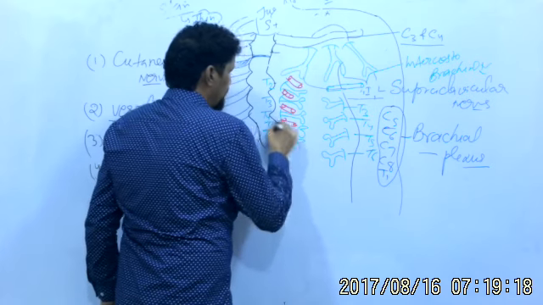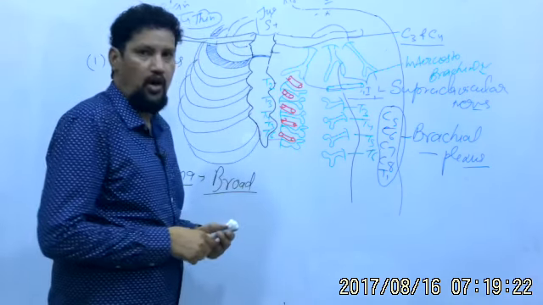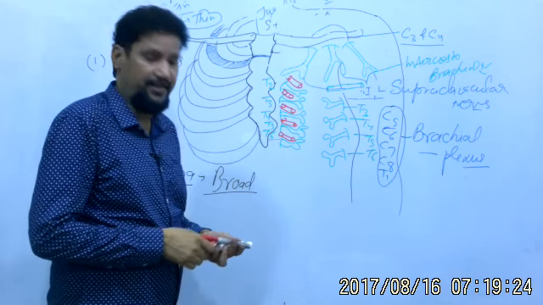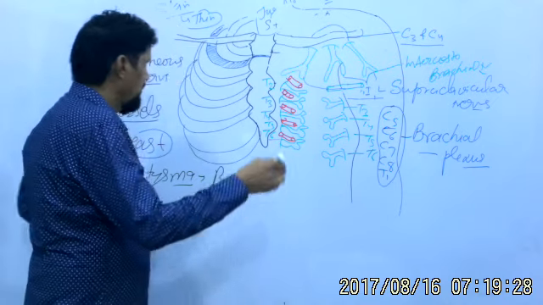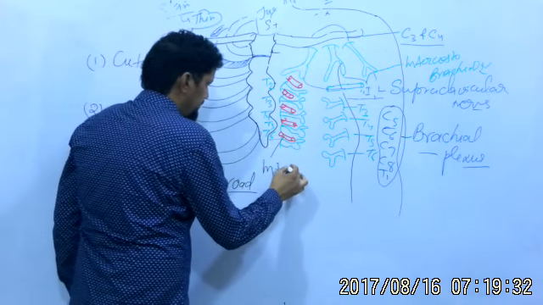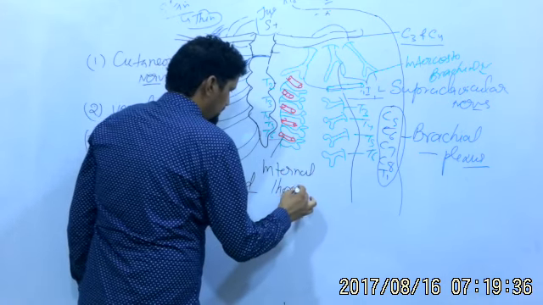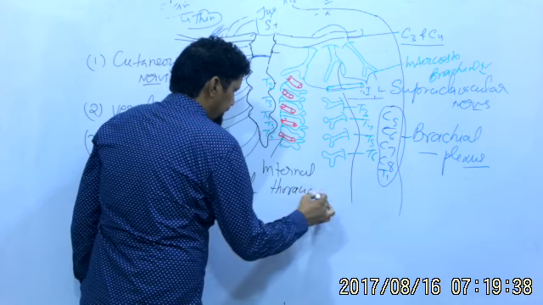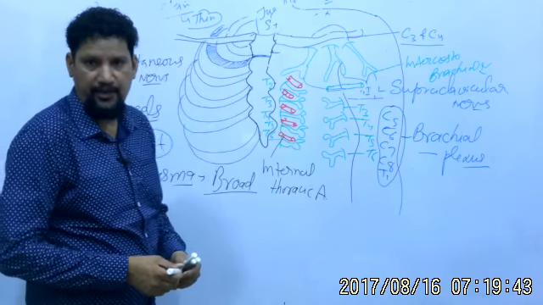These are branches of the internal thoracic or internal mammary artery, which is a branch of the subclavian artery.